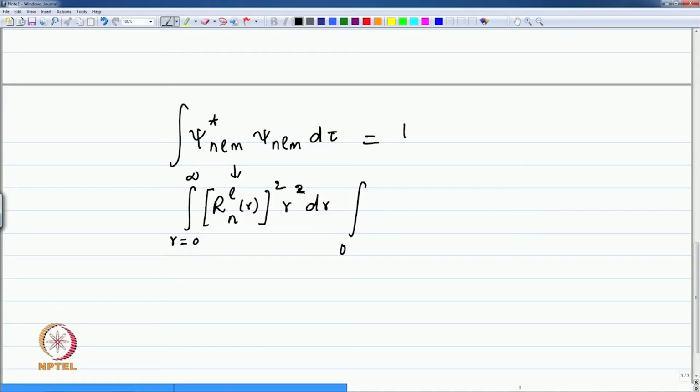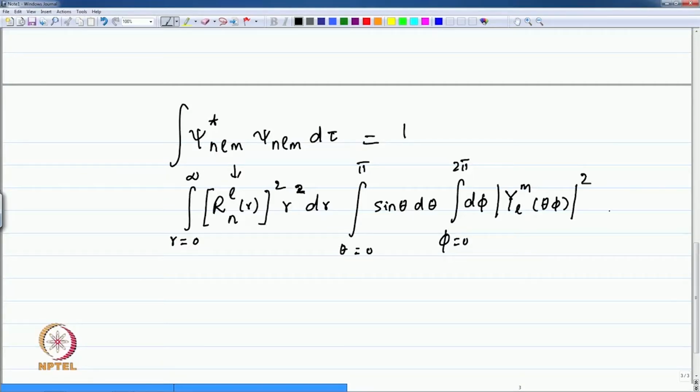Then you have theta equal to 0 to pi sin theta d theta, integral phi equal to 0 to 2 pi d phi, Y l m theta phi, the absolute square, and this has to be 1.